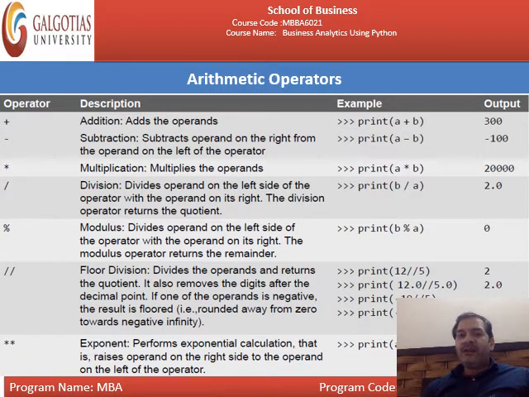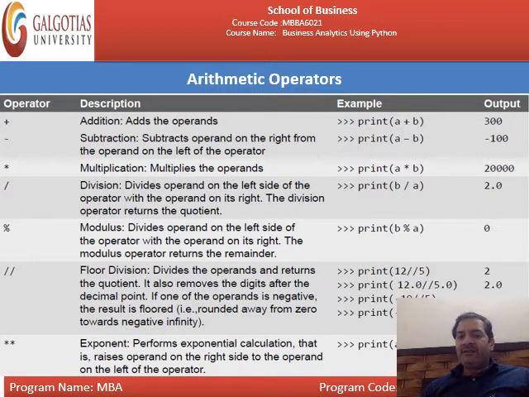That will be in the modulus operator. We are talking about the floor division. On the quotient side, it will be 2. If, for example, 12.0 floor division 5.0, the answer will be again 2.0, something like that. Okay, and this is modulus.